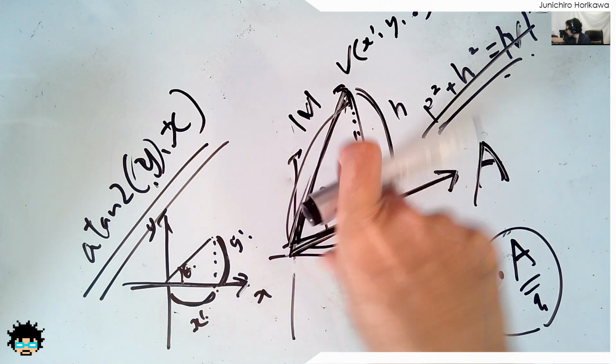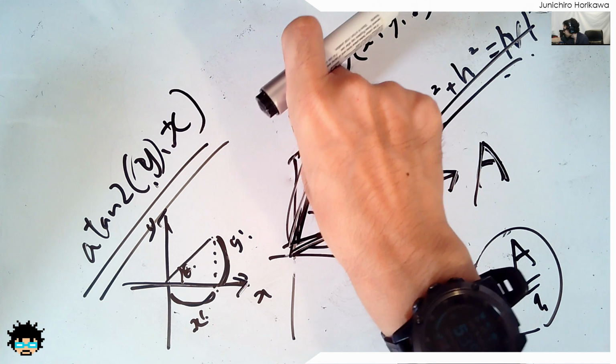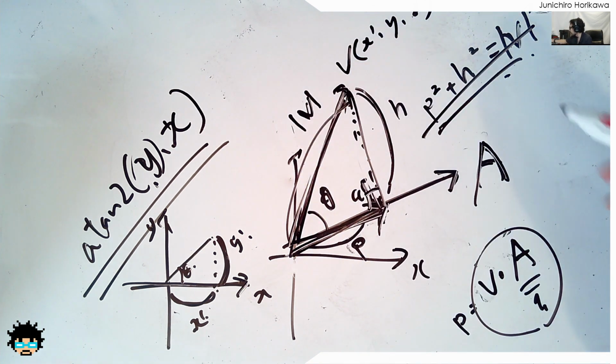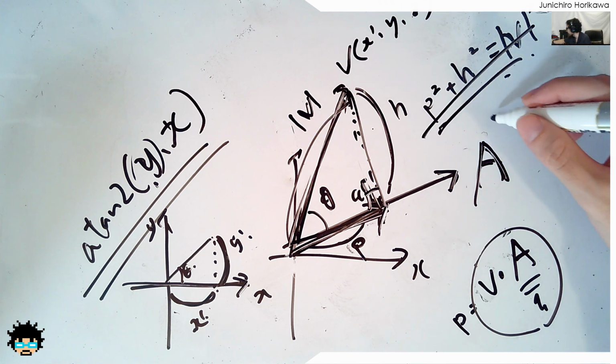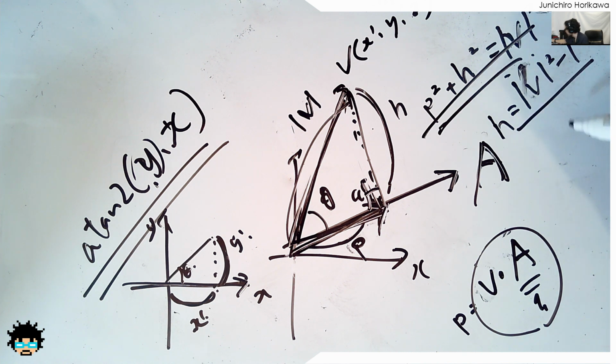P multiplied by P plus H multiplied by H is equal to the edge length of B multiplied by the edge length of B. So as a result, H can be calculated as the square root of B squared minus P squared.